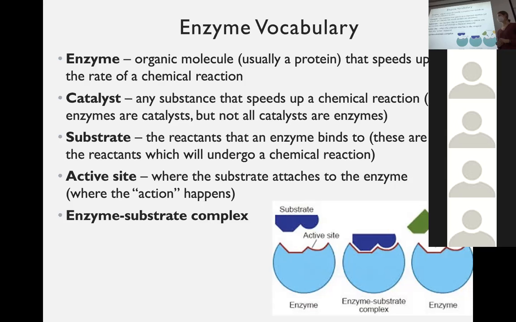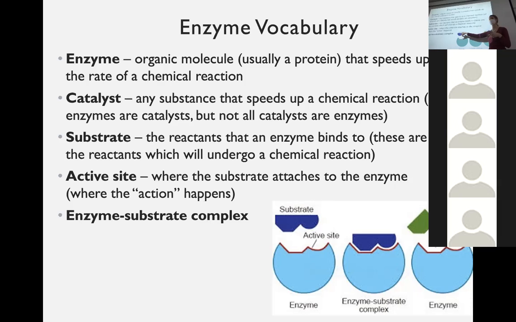Enzymes have what are called active sites, where the substrate binds to the enzyme. So you actually do have kind of a bonding situation going on. You have the enzyme molecule, the substrate molecule, they come together, and the active site is just where the substrate bonds to the enzyme. So the substrate is the actual thing, not the process? Exactly, yeah. The substrate is what's really of interest, right?